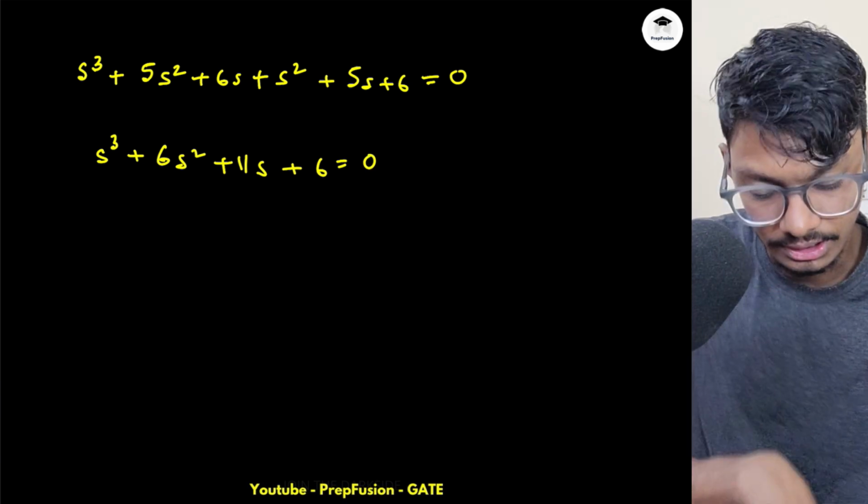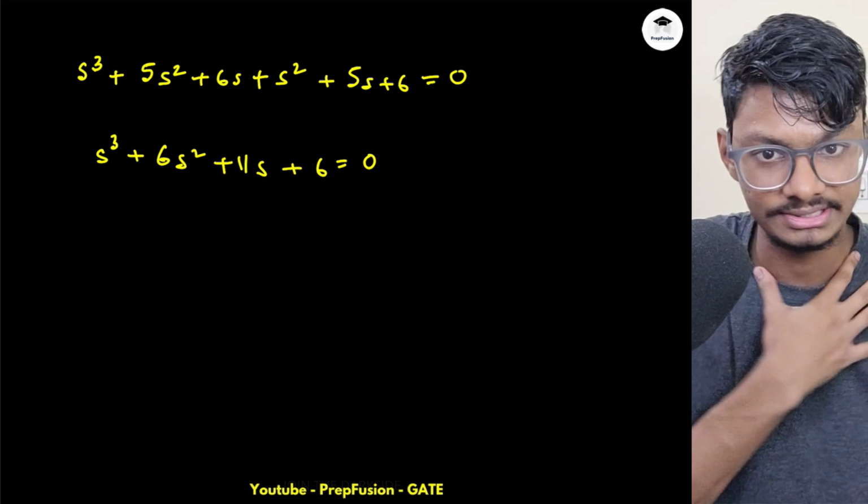This is the characteristic equation of my desired location of poles.